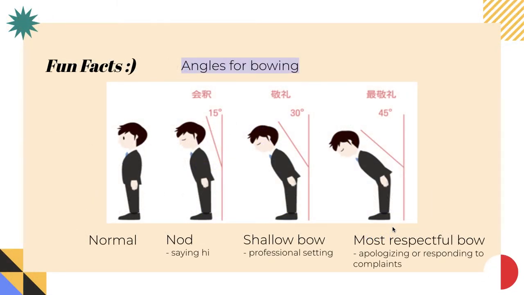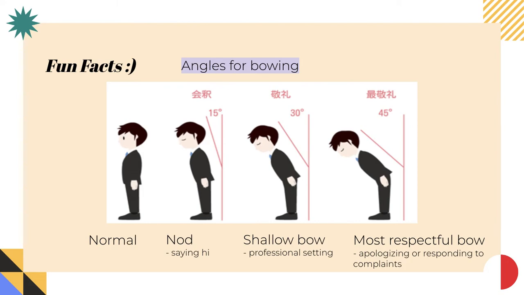So, after we learned a lot about different words, let's learn some fun facts about Japanese culture. I feel like I haven't introduced you all to new things, so I thought it'll be exciting to learn more about Japanese culture that we don't know.